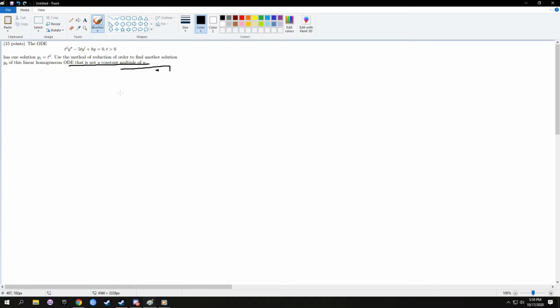It's an easy check. So I'm going to say y2 of x would equal y1 of x times the integral of e to the negative integral of rho of x, and I'm saying x, it could be t, doesn't matter, divided by y1 of x, all squared, dx.